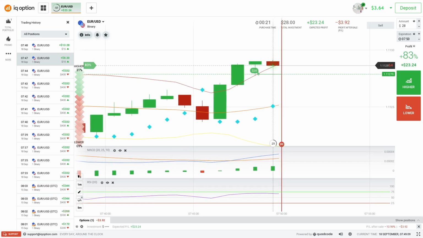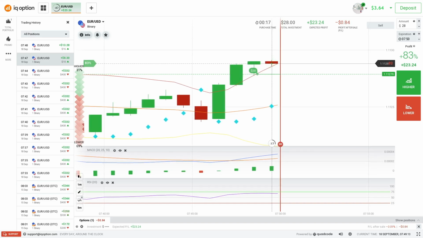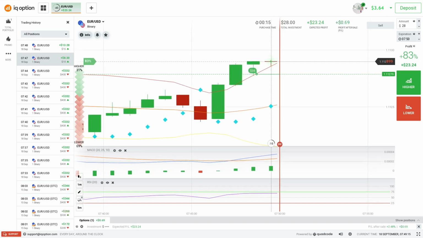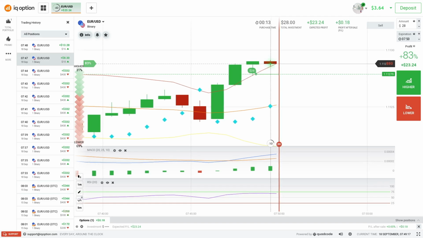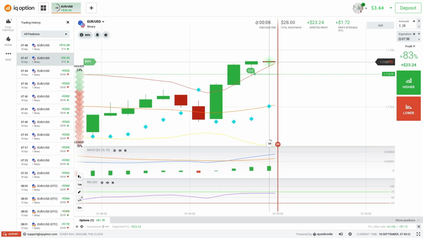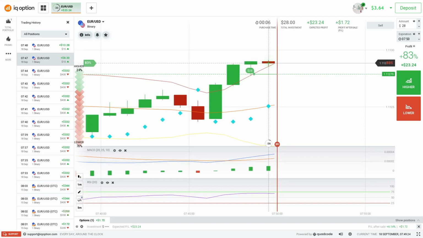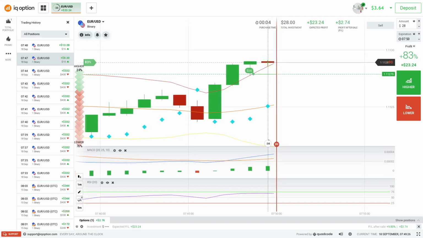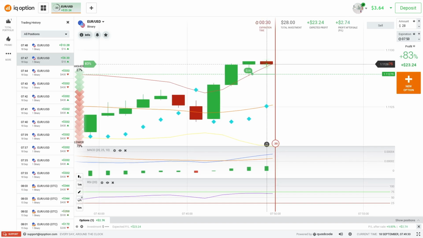For example, when the Federal Reserve raises interest rates, the US dollar strengthens, right? Because higher rates attract investors looking for better returns on dollar denominated assets. This leads, of course, to a downtrend in the Euro USD.